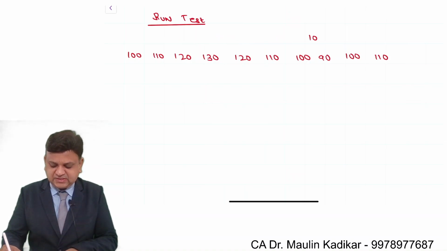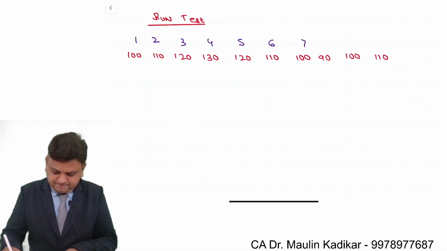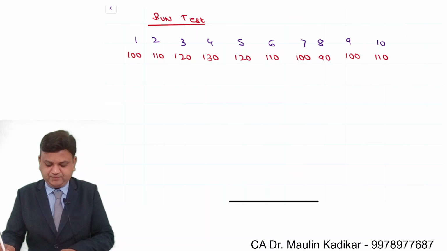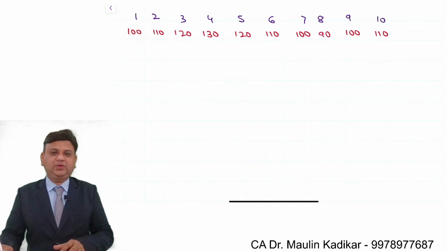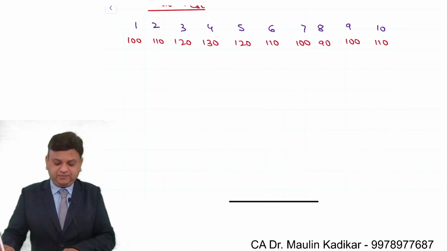Suppose the prices are going like this, wherein the prices are increasing, then decreasing, again increasing. So over here the trend of the price is observed.